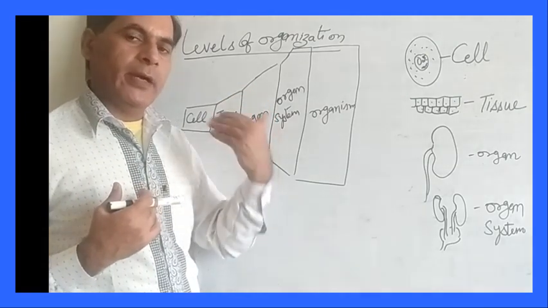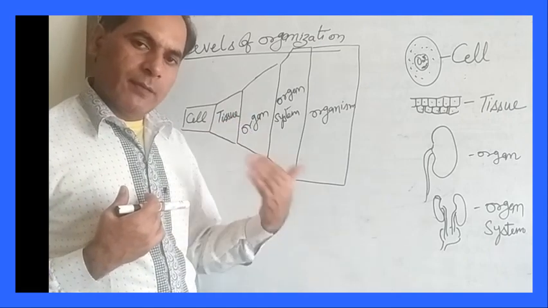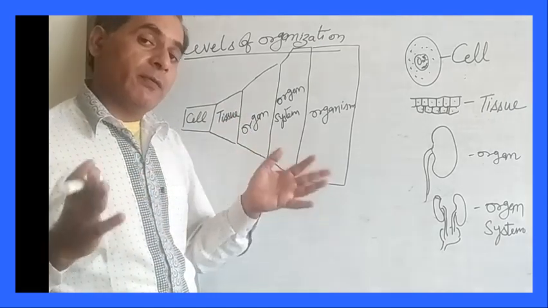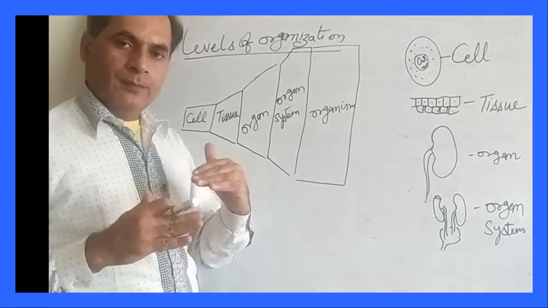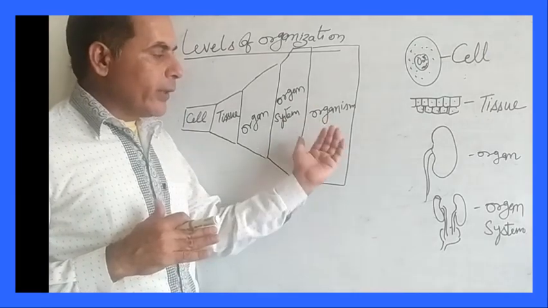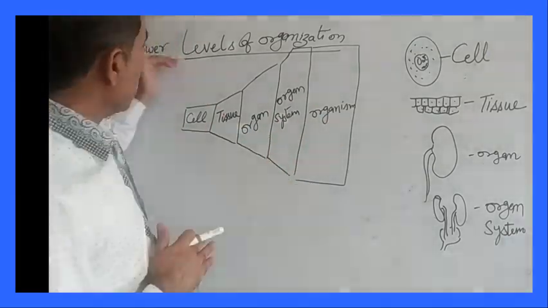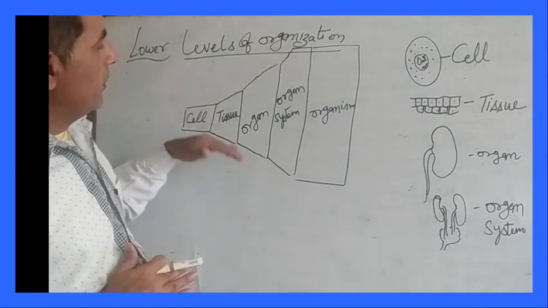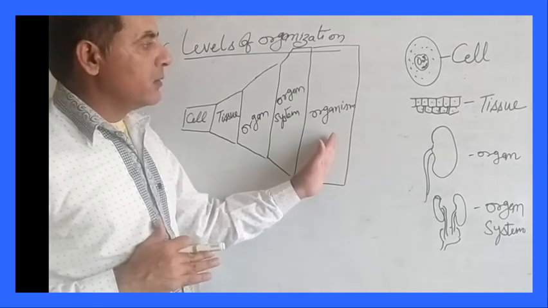We have kidney, liver, we have circulatory system, respiratory system, nervous system. Many systems combine together and work in coordination according to the requirement of the body. That is called organism. Organism is the highest level of organization in the lower level of organization.